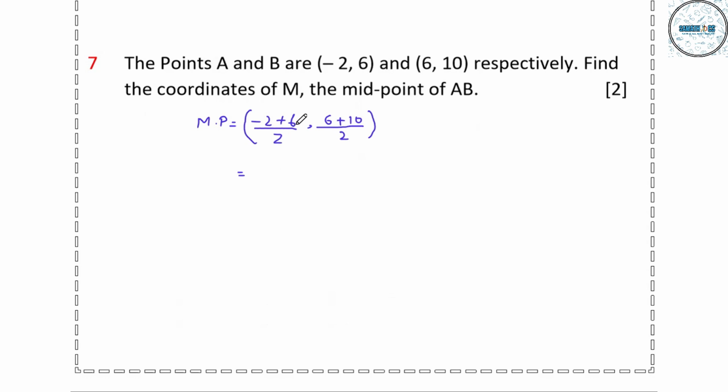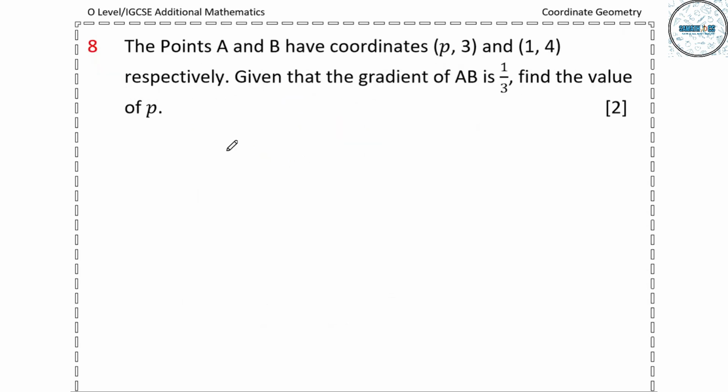Minus 2 plus 6 is 4 and 4 divided by 2 is 2. 6 plus 10 is 16 and 16 divided by 2 is 8. So 2, 8 are the coordinates of M, the midpoint of AB. Next question is the points A and B have coordinates P, 3 and 1, 4 respectively.